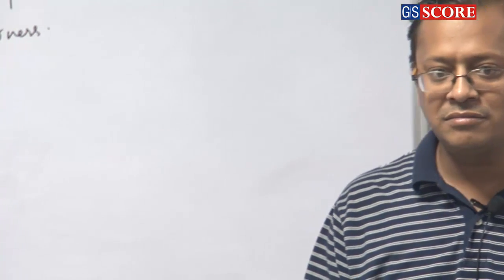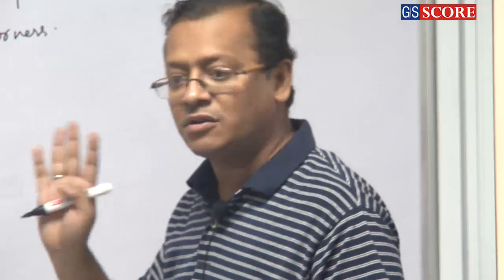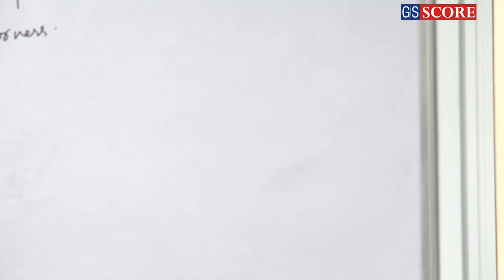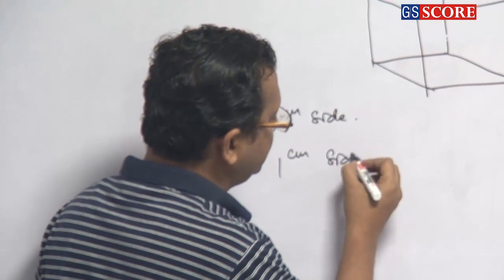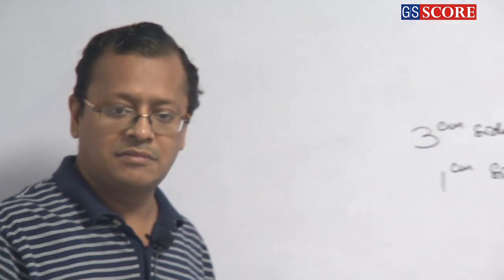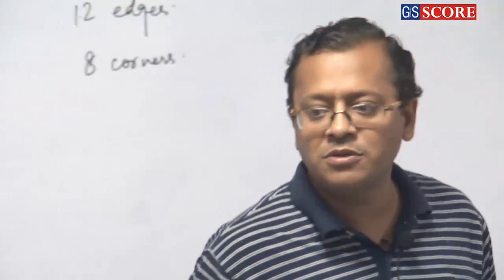Clear or not? It is colored on all sides by red, all 6 sides, all 6 faces. Clear? Now then it is cut into cubes of 1 centimeter sides, right? First and foremost, tell me how many cubes are formed.